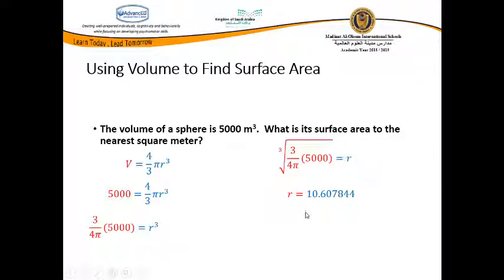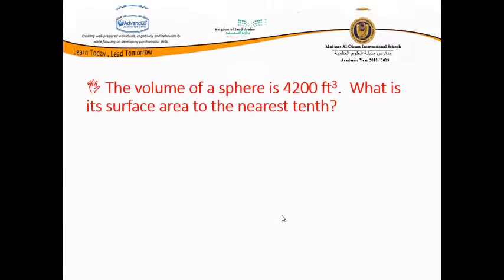Using this calculated radius, we can find the surface area, 4 pi r squared, 4 pi times the calculated radius squared. The surface area equals 1414 square meters, to the nearest square meter.